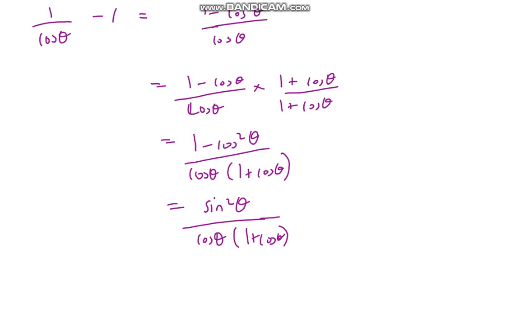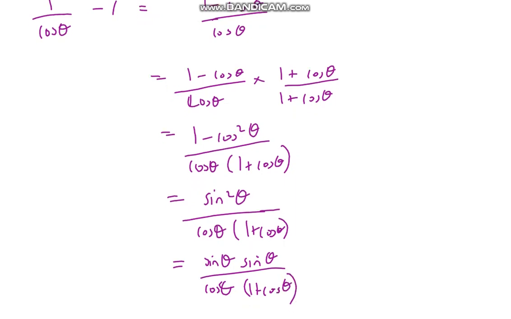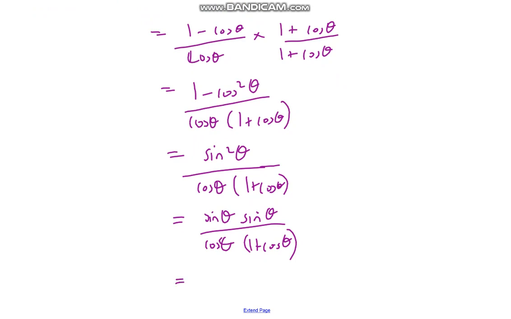I'm now going to just split that up, and make it sin theta over cos theta, 1 plus cos theta, which is just really for display purposes, because now I can go, right, this stuff here is tan, so I've now got tan theta sin theta over 1 plus cos theta.